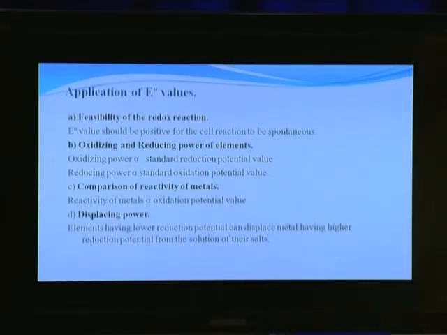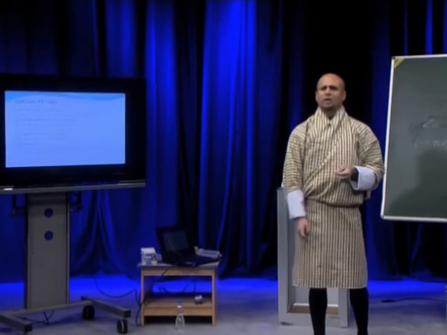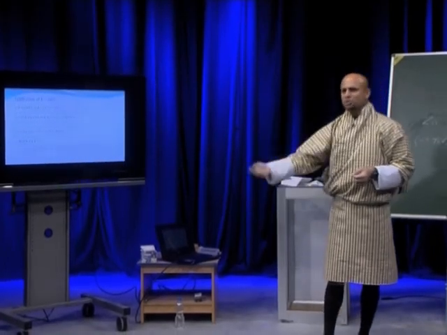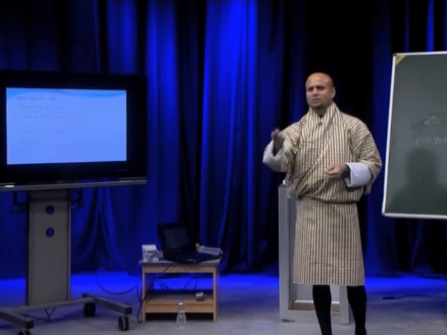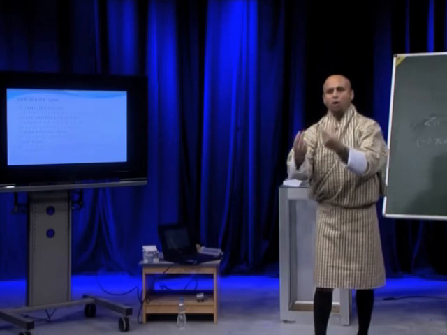Now, let's look at the third application of EMF values, that is the comparison of reactivity of metals. When you have so many metals, and their EMF values are given, how do you identify which metal is most reactive and which metal is least reactive? Metals undergo oxidation.